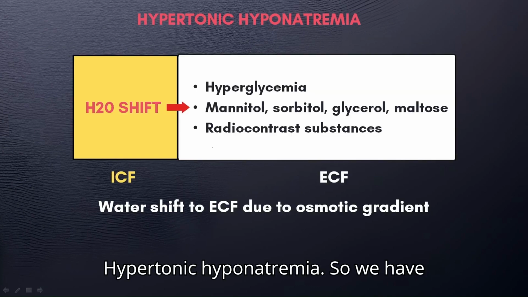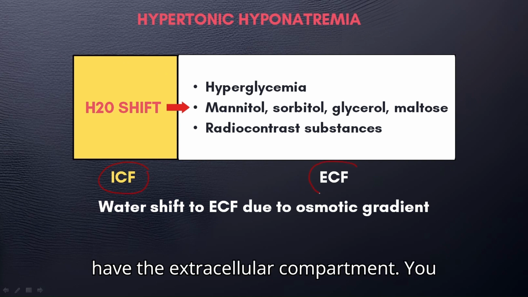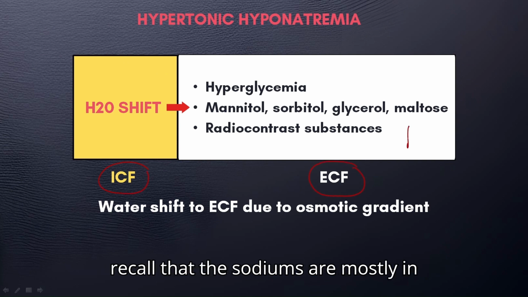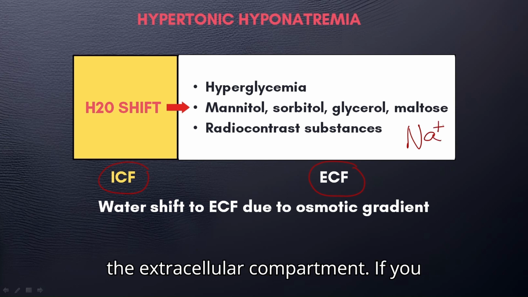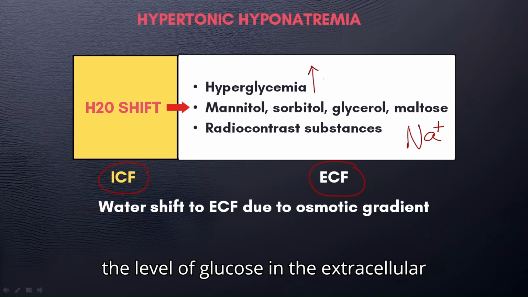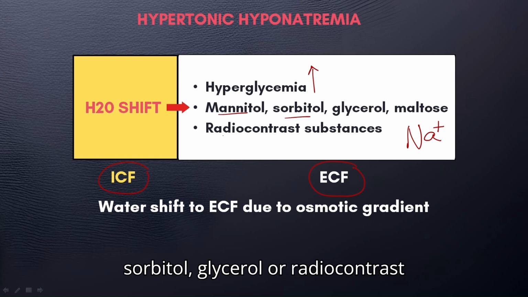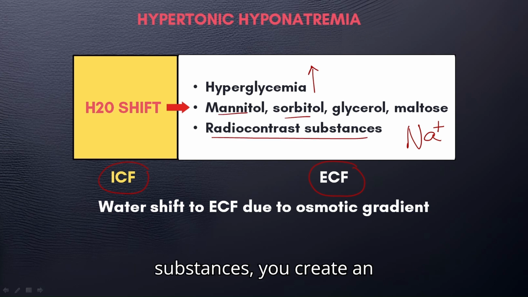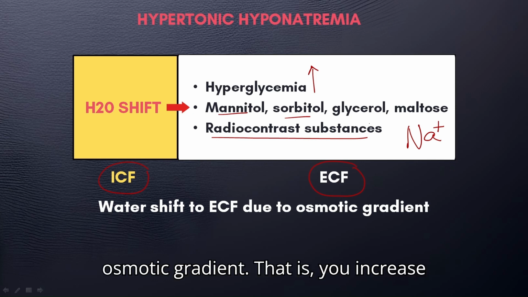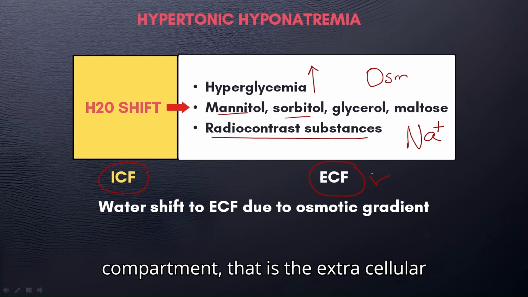Hypertonic hyponatremia. So we have the intracellular compartment. We also have the extracellular compartment. And you recall that the sodium is mostly in the extracellular compartment. If you create an osmotic gradient by increasing the level of glucose in the extracellular compartment, or let's say mannitol, sorbitol, glycerol, or radiocontrast substances, you increase the osmolality in this compartment.